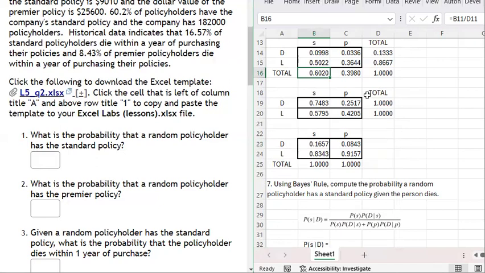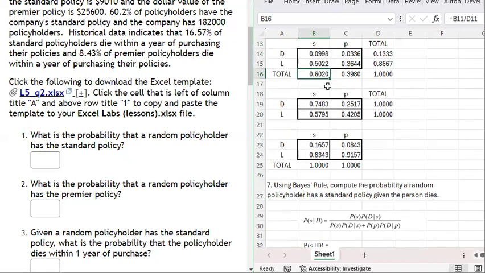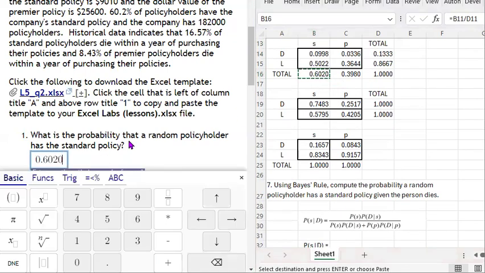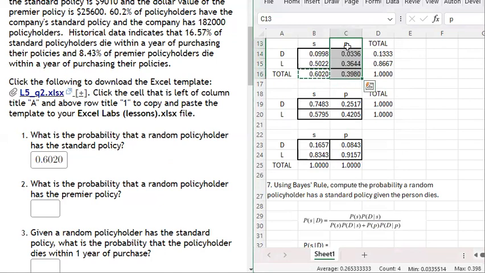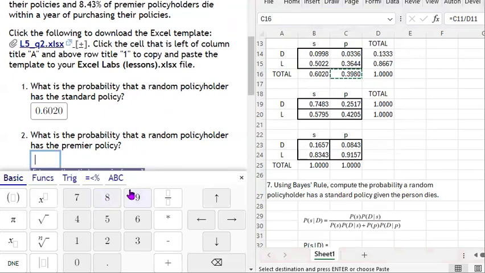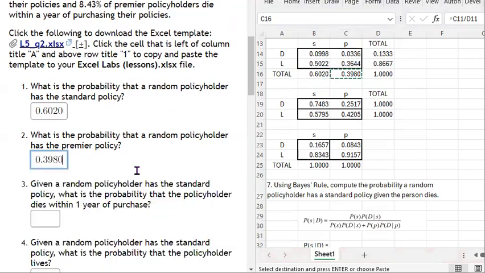That right there is the probability that a randomly chosen person has a standard policy because it's in the S column, right? We're going to copy that, put it right here. What is the probability that a random policyholder has the premium policy? Well, this is the marginal probability of this column, right? So it's that value. And we can hit enter to make sure that we got the answers correct.